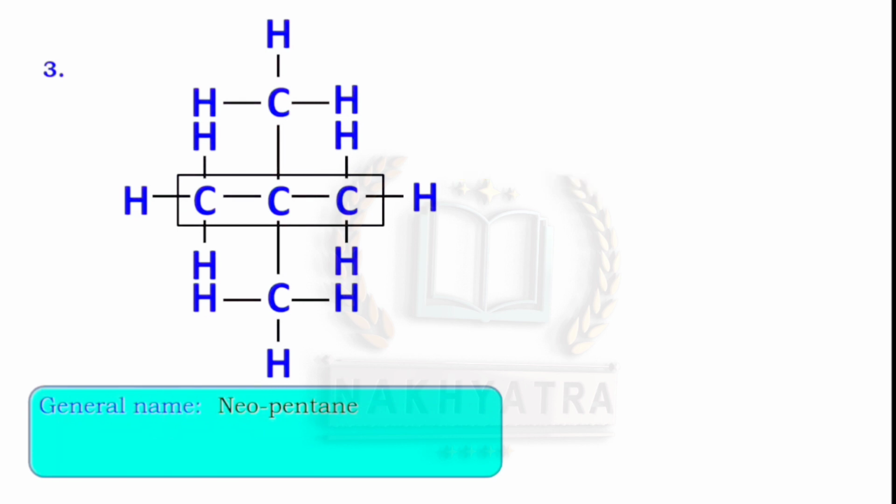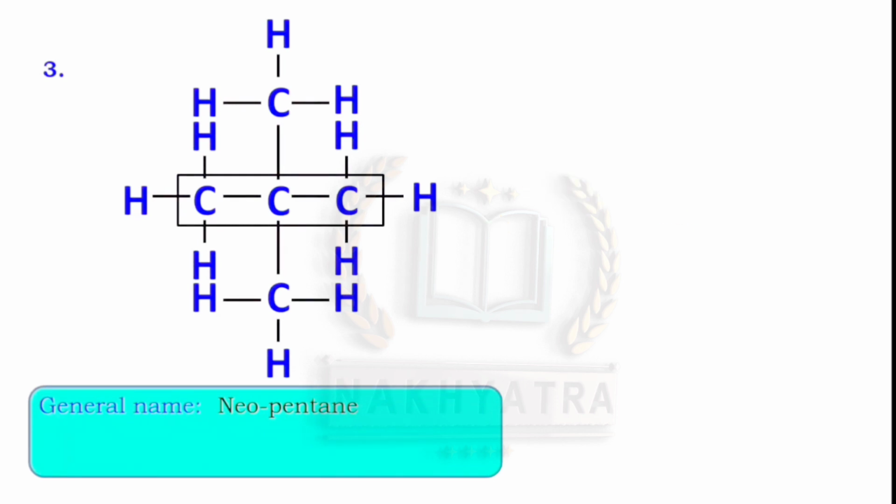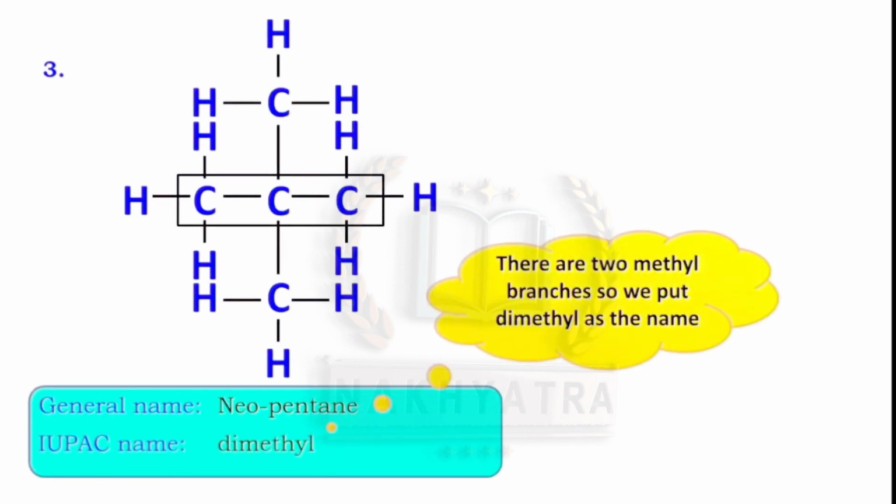This is the straight chain. Here also name the branch chain as an alkyl according to the number of carbons. So the IUPAC name is dimethyl. There are two methyl branches, so we put dimethyl as the name.